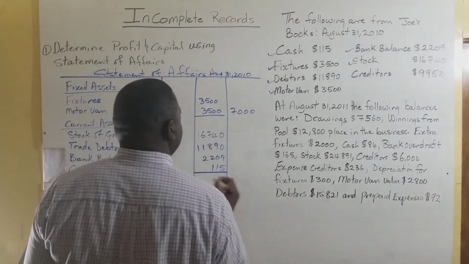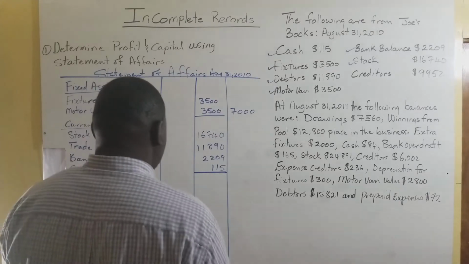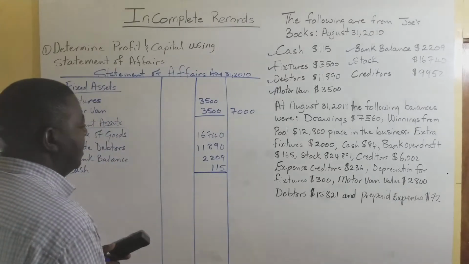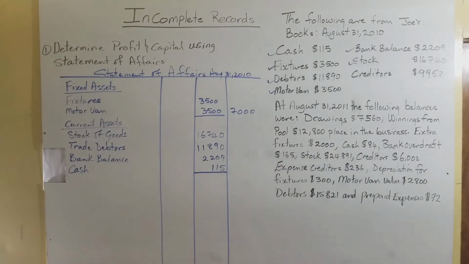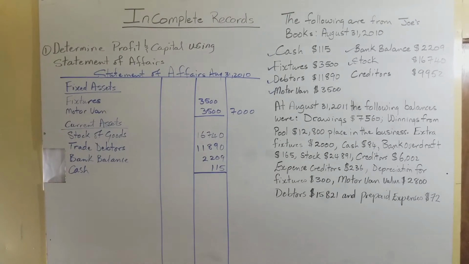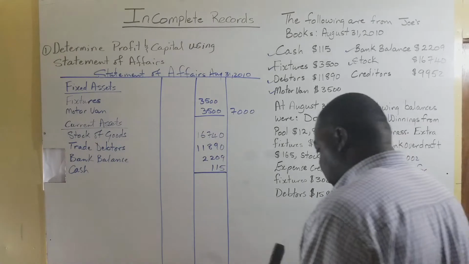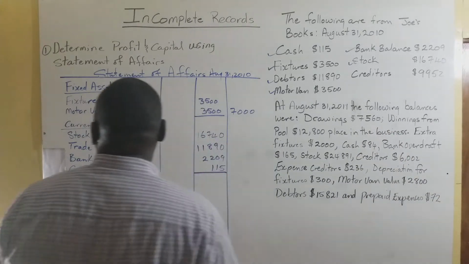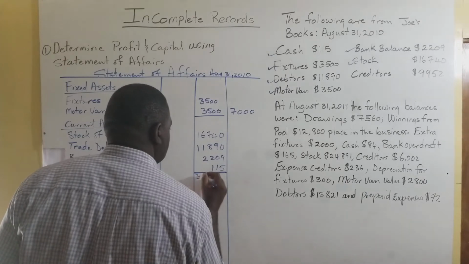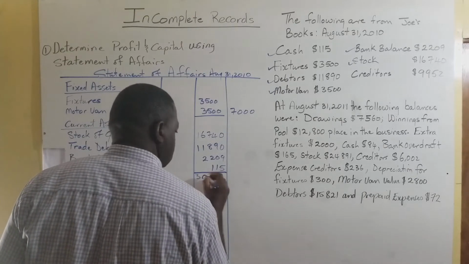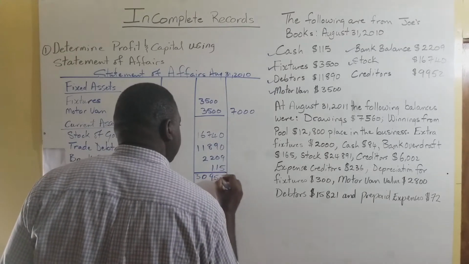We want to get the total current assets. So let us now do the maths. So when we add all of the current assets, our total would be 30,952.